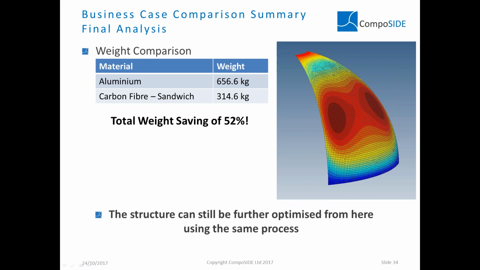Good, so final analysis. We saved 52%, so that's a pretty good saving. That probably took me about an hour to set up. So a very quick way to analyze and compare two different solutions, the aluminium to the composite solution. Carbon fiber can be fairly more expensive.